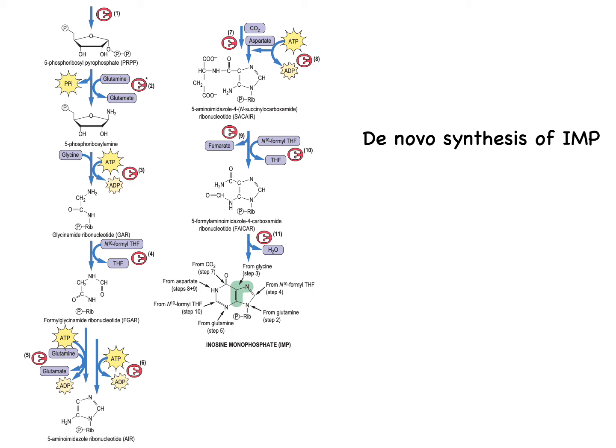At that point, we add a methyl group, again donated by tetrahydrofolate, and then we can close the five-membered ring, at the same time adding another nitrogen to start the six-membered ring, or the other ring.